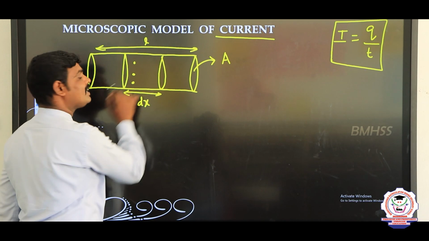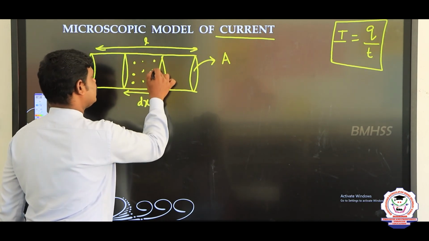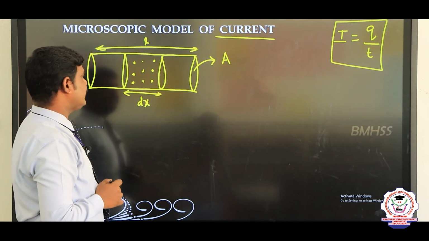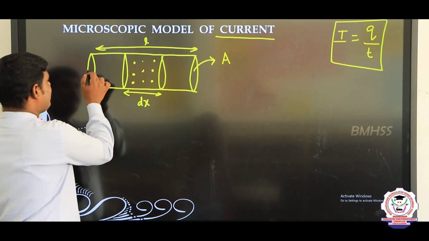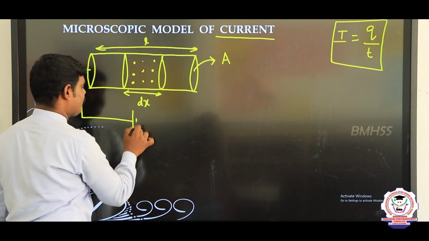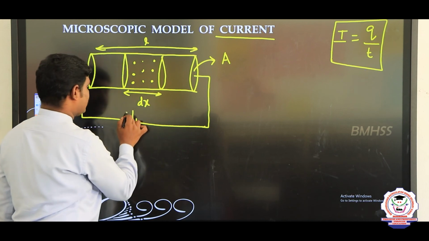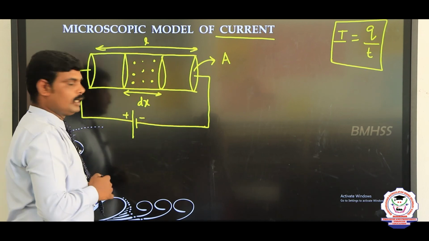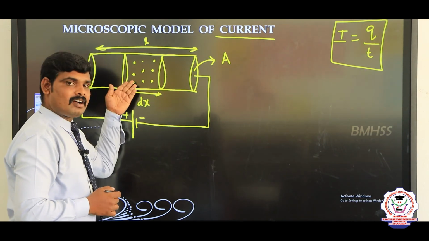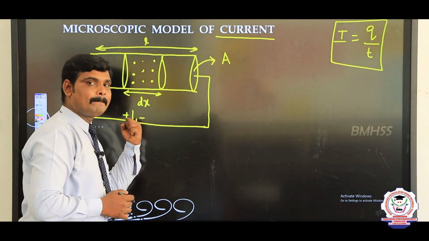Electrons are negative charge. These electrons move randomly. Now when I apply an external electric field using a battery, with a positive terminal and a negative terminal, the free electrons get drifted towards the positive terminal.